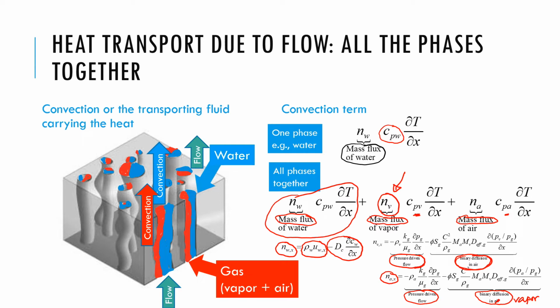There is a diffusion part and there is the flow part. They both need to be included in this mass flux. So this now gives me the convection term in my heat equation due to all the phases together. All of the energy that's being carried because fluid is moving is now included in the porous media.